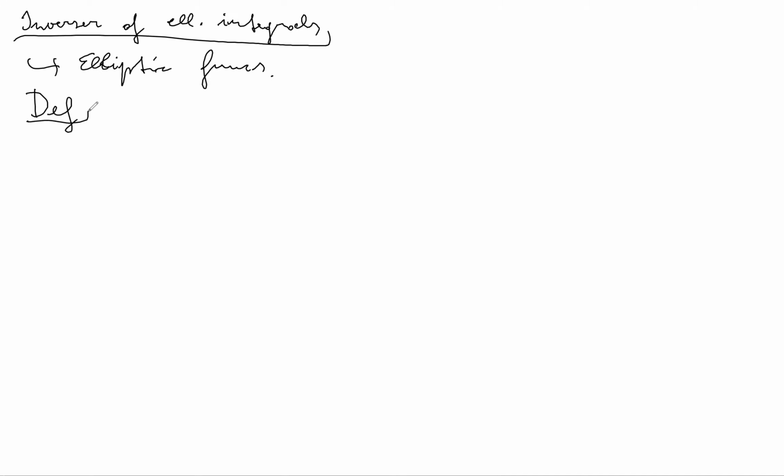And I mean, it's a bit sad that I had to erase all of this, but if you think back, all of these things are defined up to a multiple of lambda, okay? So I could make a really abstract definition: an elliptic function is just a function that's invariant under addition of a point in this lattice.